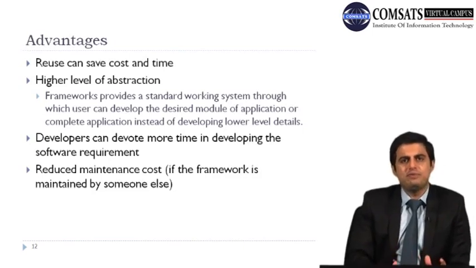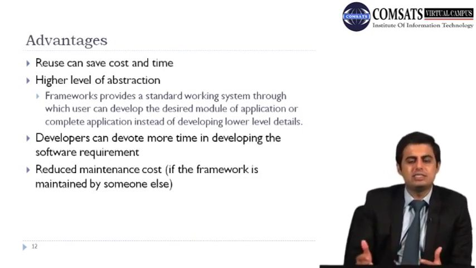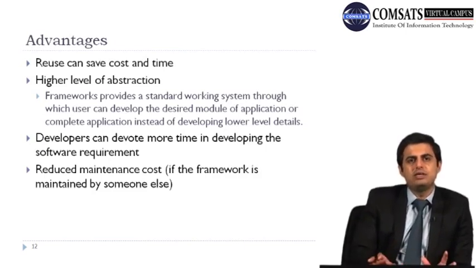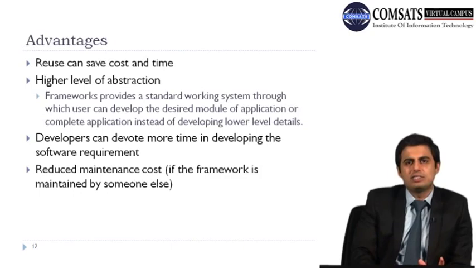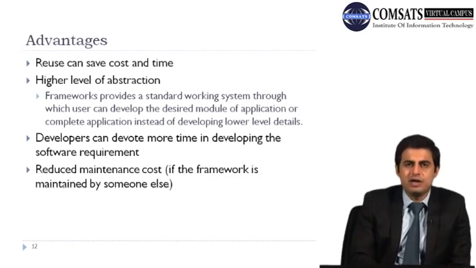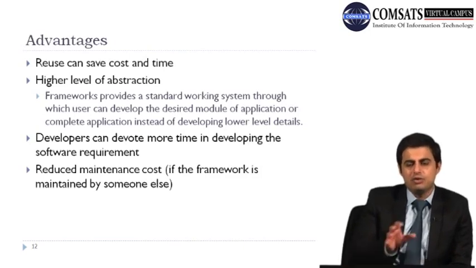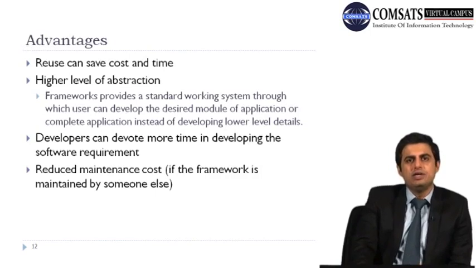So if we look at the framework, it also increases the abstraction level, because you just write the classes which you are going to implement in the system. You don't write the classes which will provide some extra functionality, or some quality related features in the system, because those are handled by the framework. And if you have some GUI features in the system, you don't have to write the code for that GUI.